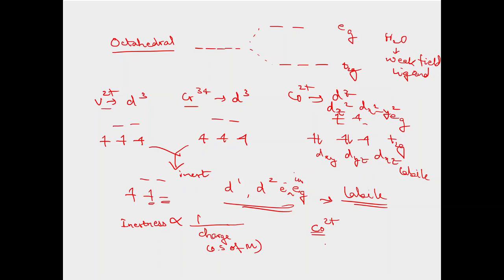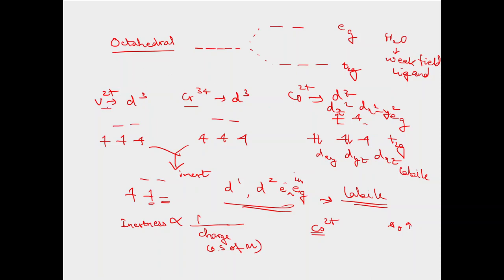We have seen that if the oxidation state of a complex is more, then the delta O value also increases, which is the crystal field splitting between the two orbitals, that is T2g and Eg here. So that value also increases if the complex is in a higher oxidation state and it becomes more inert in nature.